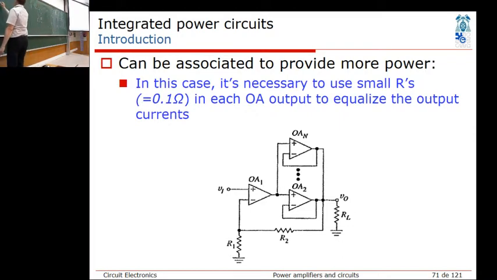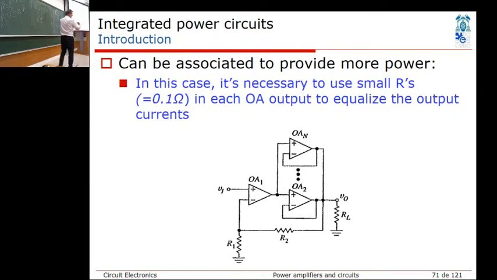When you have the voltage amplifier stage and then these voltage followers from the same signal, don't do as it shows there, but combine these outputs together with small ohmic resistors. Otherwise, if there's a small offset difference between the amplifiers, you start to have currents between the amplifiers.